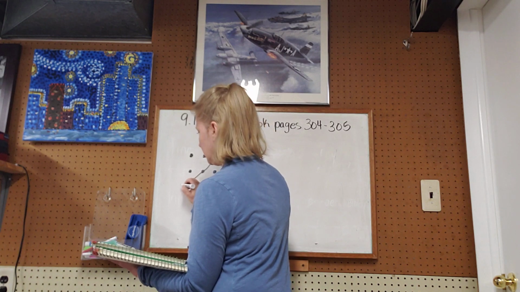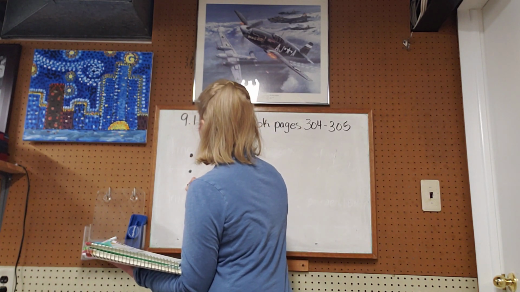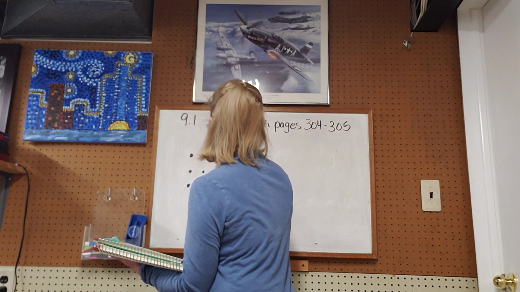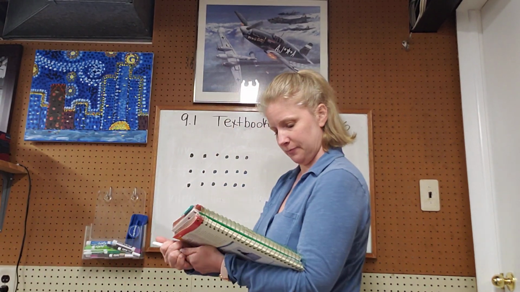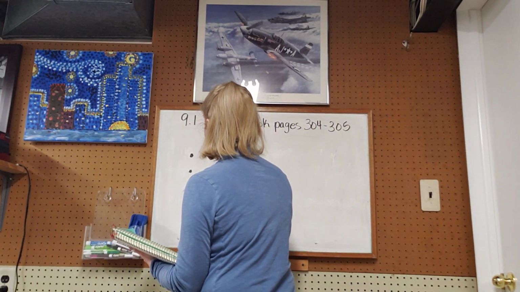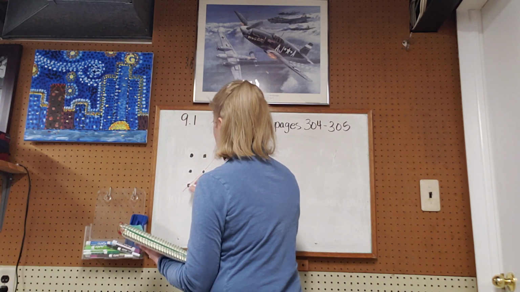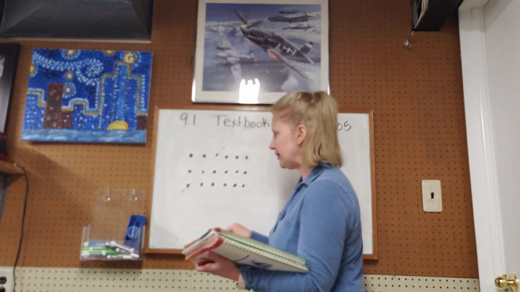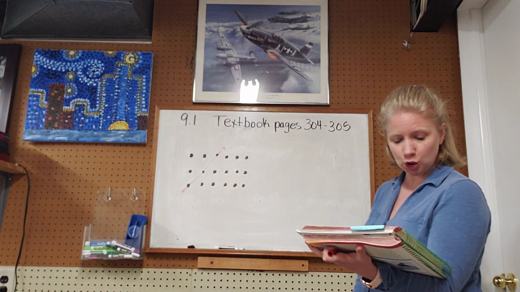I should have made it red. Let me use my red marker and I can make it red for you guys. Okay, number 11. You have to draw a parallel line to the red line.